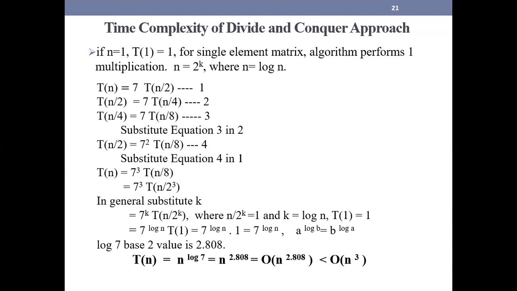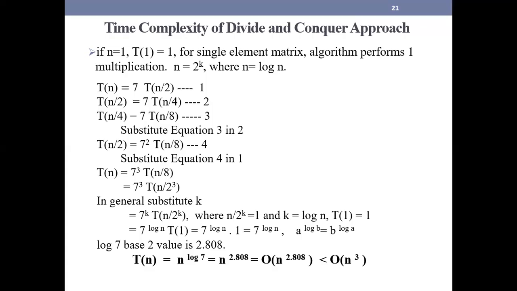So how can we write 7 power log n? See the rule: a power log b, we can change the power and the log value. So b will come to the base and a will go to the log value. So b power log a, both are the same. a power log b is equal to b power log a, both values are the same.